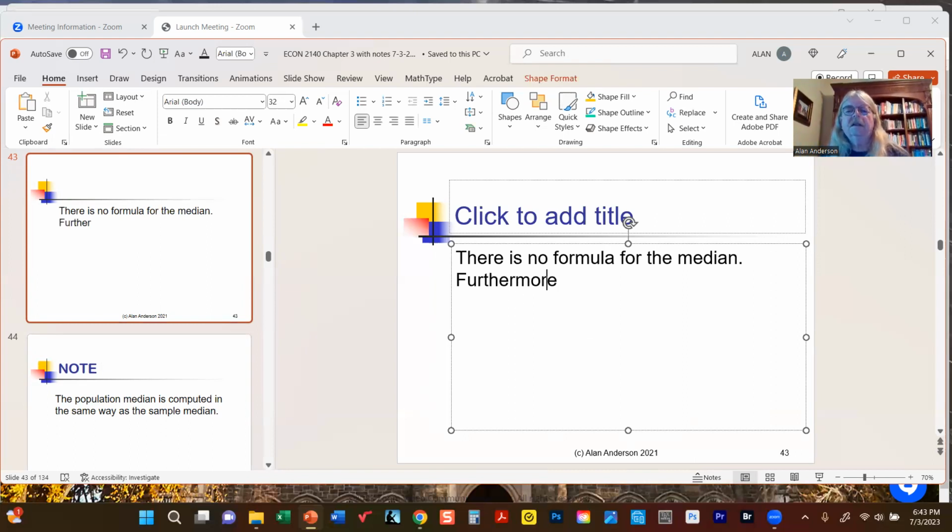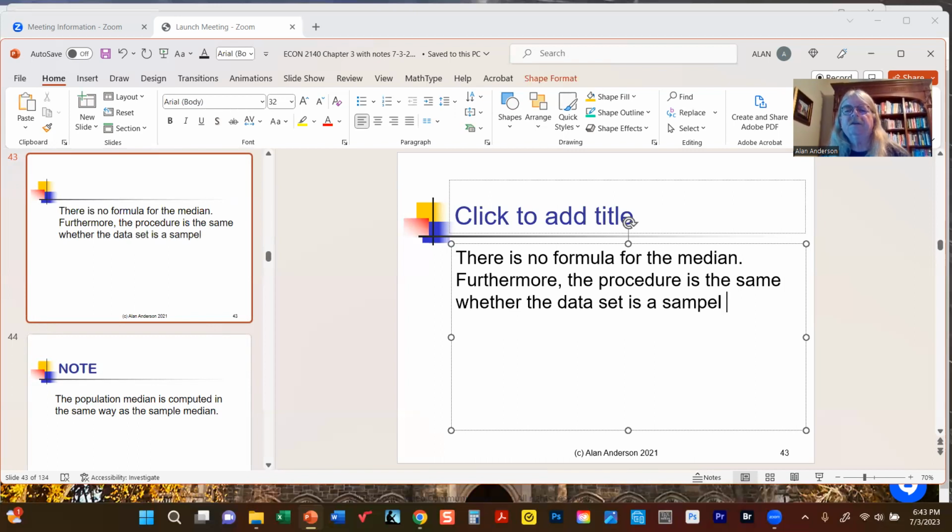Furthermore, the procedure is the same whether the data set is a sample or a population. So they are the same thing. In other words, it makes no difference when you're doing medians. It makes no difference if it's a sample or a population.